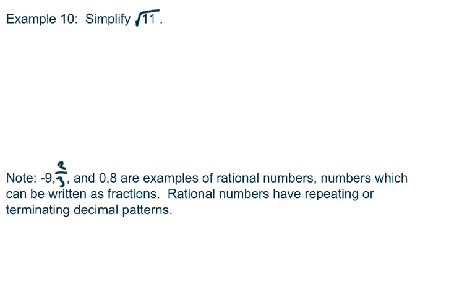Principal square root of 11. Okay, now we have a problem. If I think really, really hard and try to think about, is there a number which when I square it, it gives me 11, I have a real hard time coming up with something.